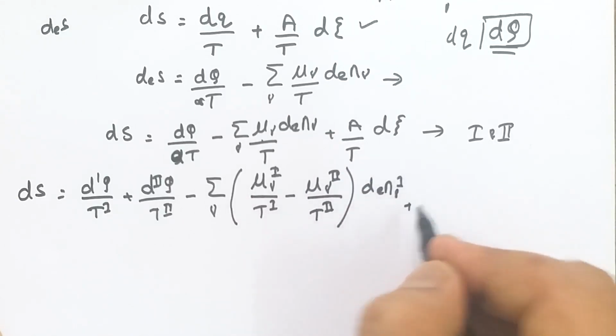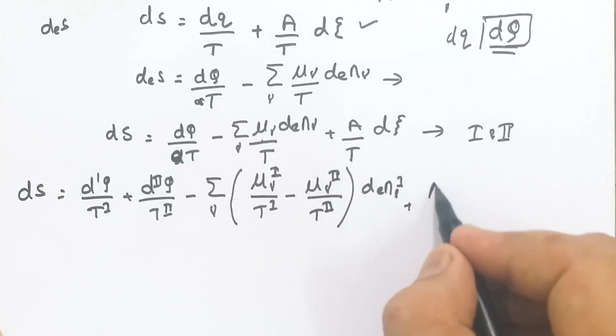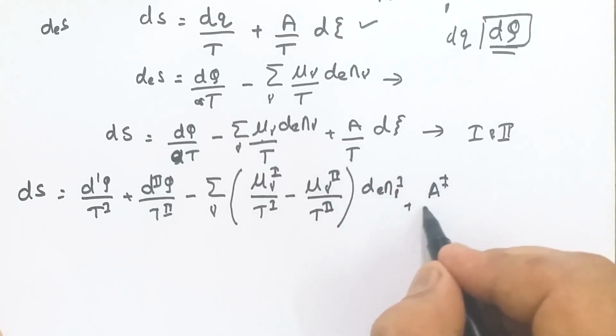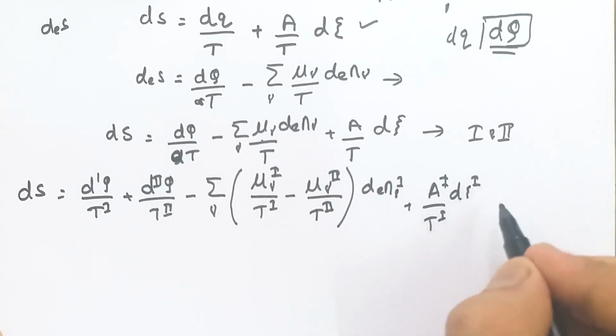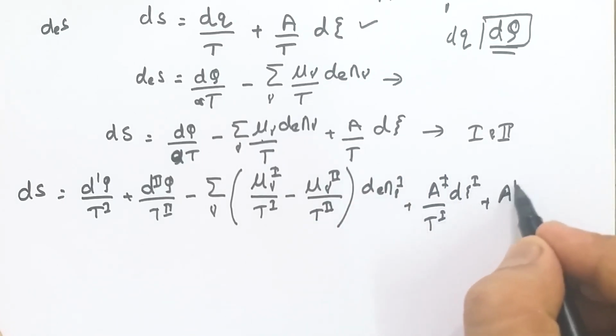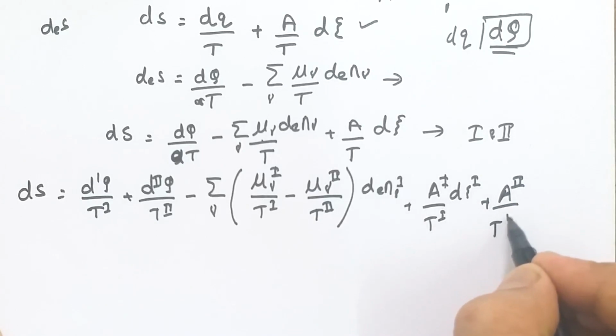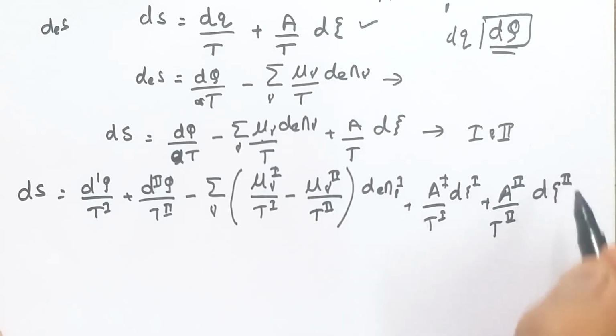So this will remain common, and plus we will have the last term, that is A1 upon T1 d psi 1 plus A2 upon T2 into d psi 2.